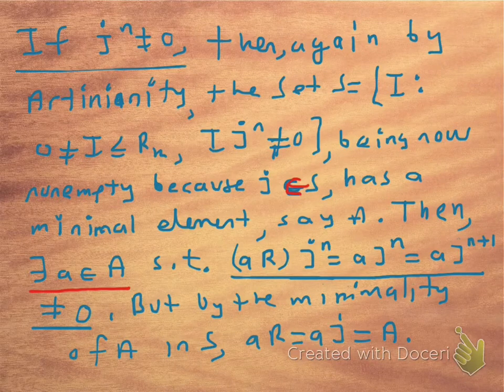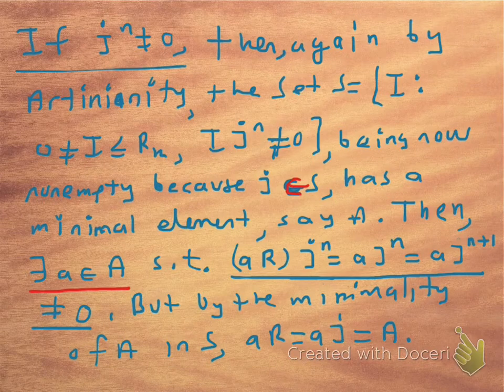Namely, aR J^n equals aJ^n, because R merges into J^n, and that equals aJ^(n+1), because this is where the above sequence terminated. And all these are non-zero. But then we picked A as a minimal element of S, therefore, by that minimality, aR, aJ, and A must all be the same thing.